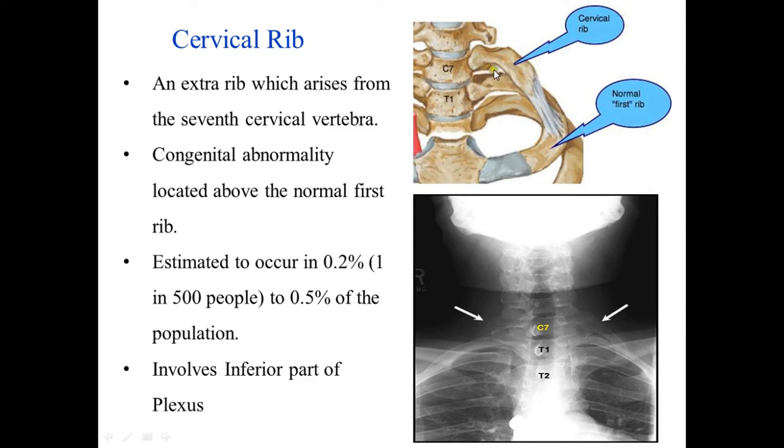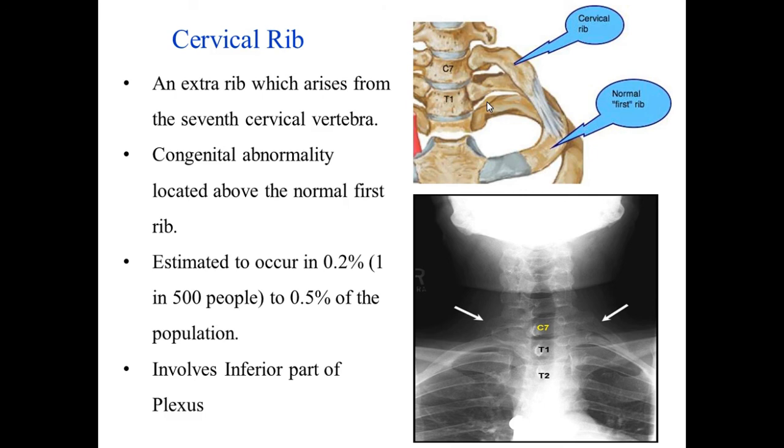The road becomes blocked over here. And when the road becomes blocked, the structures which are passing there obviously become compressed, and the cervical rib compresses the nerve root, and the person feels numbness in the hand.